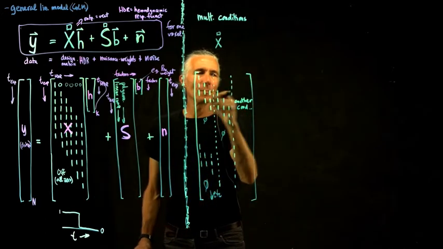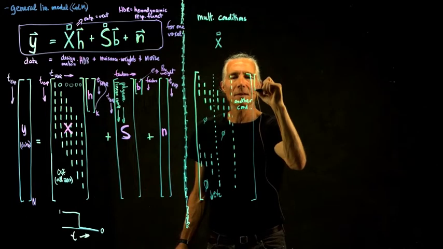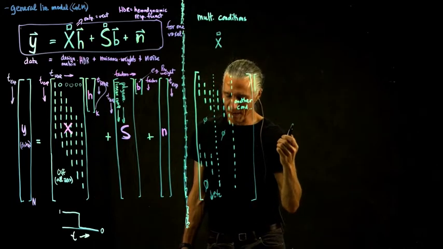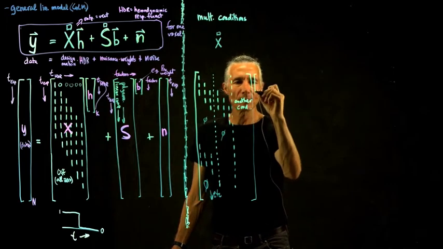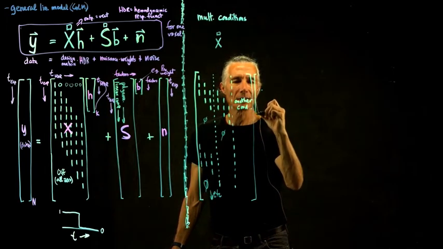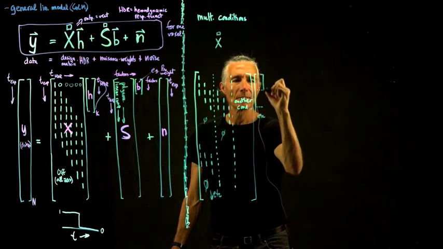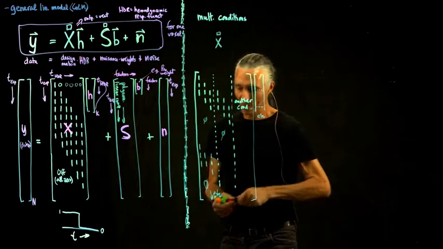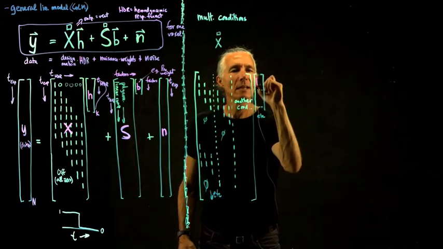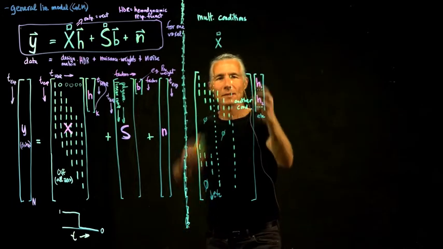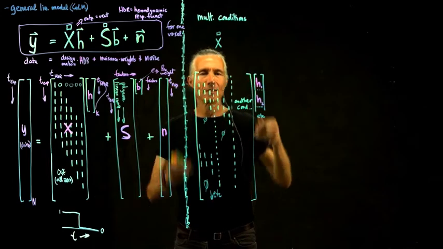Well, it's going to have hemodynamic response function 1, and then hemodynamic response function 2, and etc. So we're just going to have a column. This guy is H1, and here's H2, because those will be multiplied by these guys.